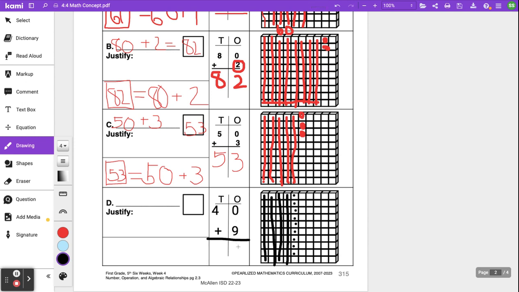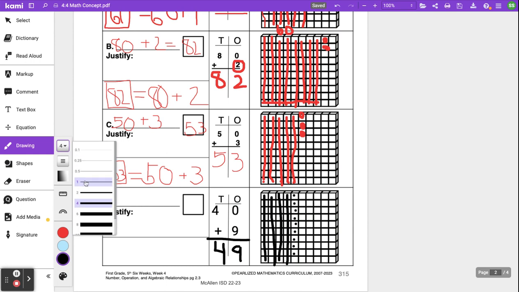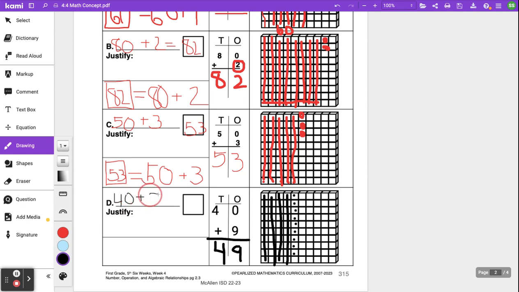If I add up the ones, that's 9. Add up the tens, there's 4. What number does it make, class? 49. Okay, fill in the last part. 40 plus 9 equals answer of 49.